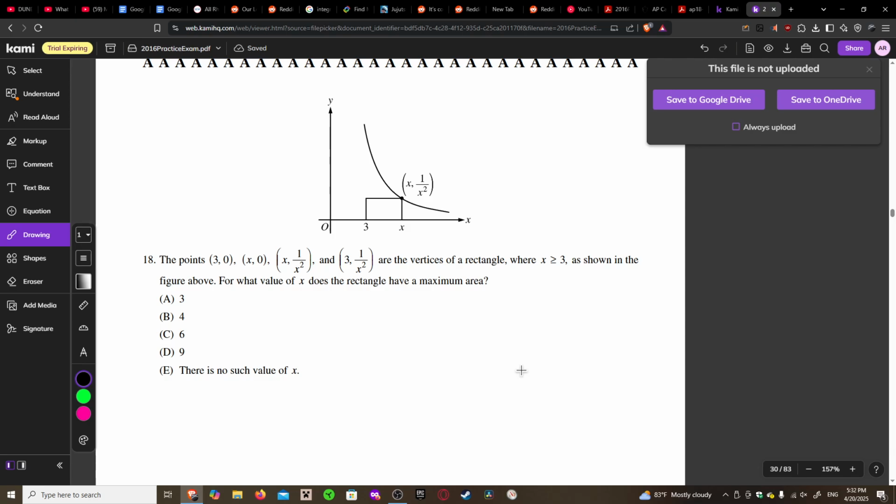Are vertices. Okay, so that means if I plug it into this function, I should get this vertex for 3.